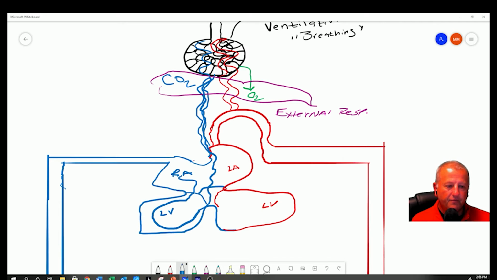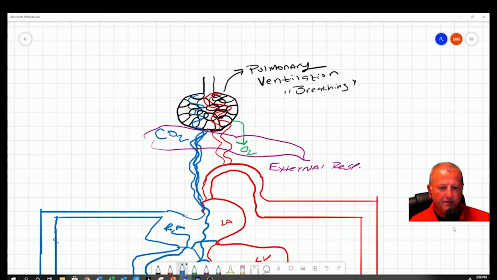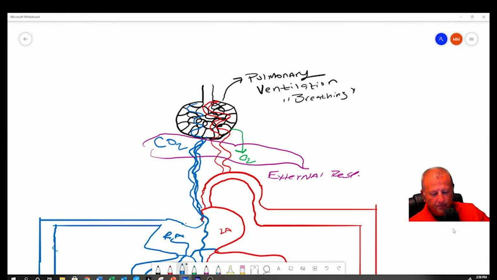And this is where diffusion occurs. Diffusion doesn't have to be hard, folks. Don't focus on the word. Just focus on what's happening. Deoxygenated blood's coming into the alveoli because it's just meant to.